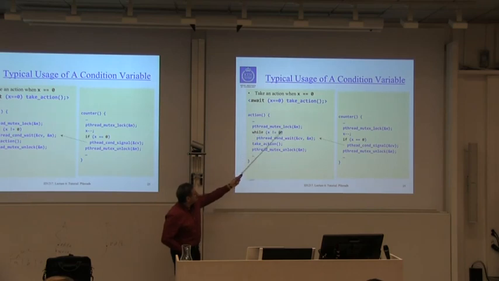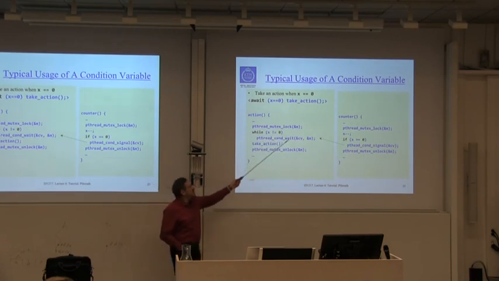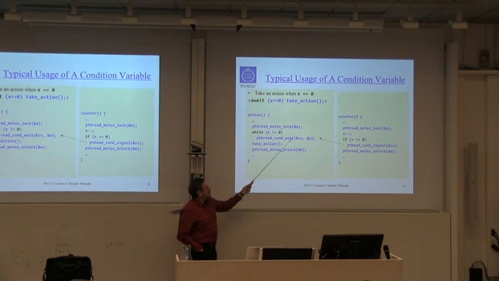What does it do? It grabs the lock m, it checks whether x is 0 or not. If it's not 0, it should wait, because it can take action only when x is 0. If non-zero, it calls wait on this condition variable, releasing this lock, which was taken here. So at this point in time, the thread is suspended and doesn't have a lock.